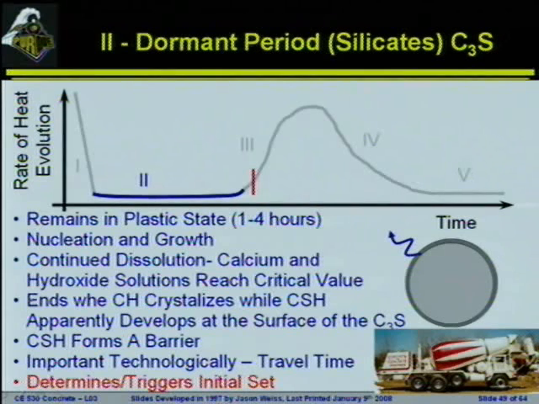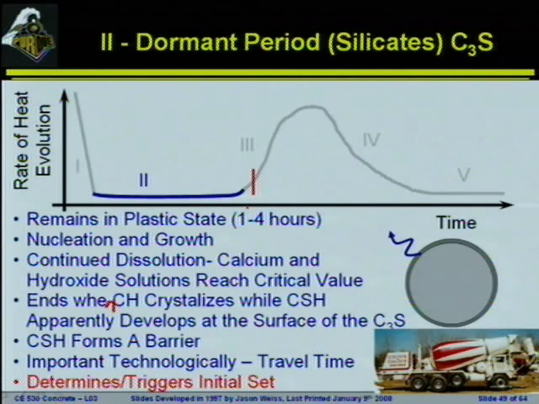It'll then remain in the plastic state for about 1 to 4 hours. We'll continue to have some dissolution. Calcium hydroxide will be going into the solution until they really reach a critical value. And typically it's believed that this period ends when the calcium hydroxide begins to crystallize inside of the overall system.